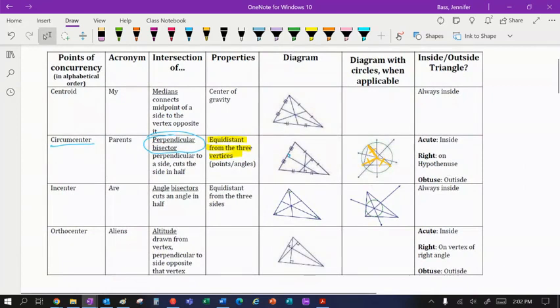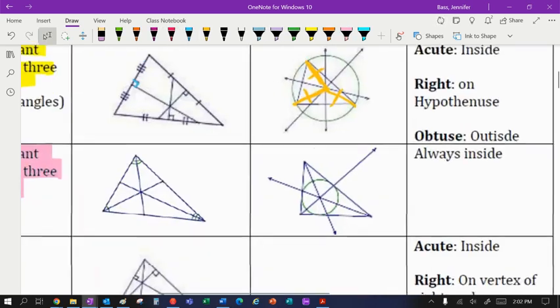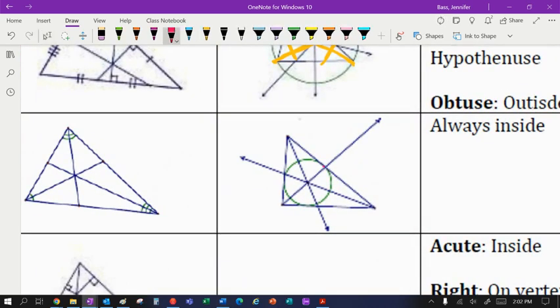And the next one they might ask you about is the incenter. That is made by angle bisectors. The significance is that it's equidistant from the three sides, because all of the points on the circle are equidistant from the center.